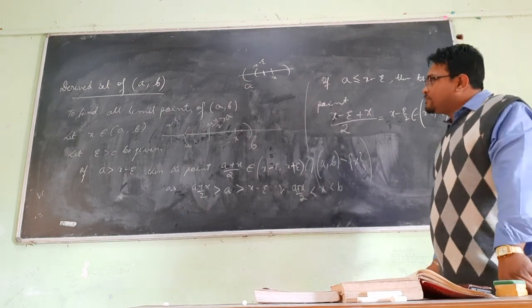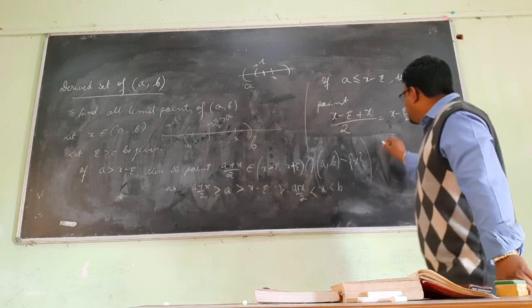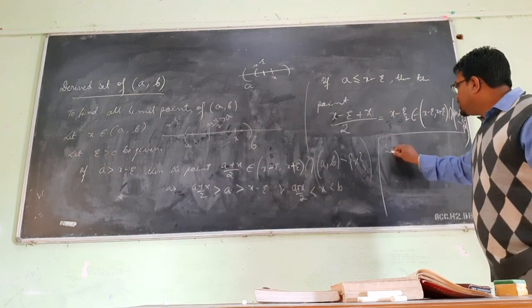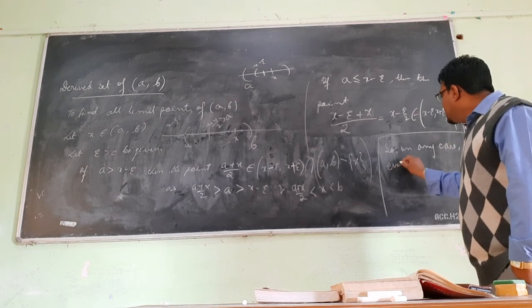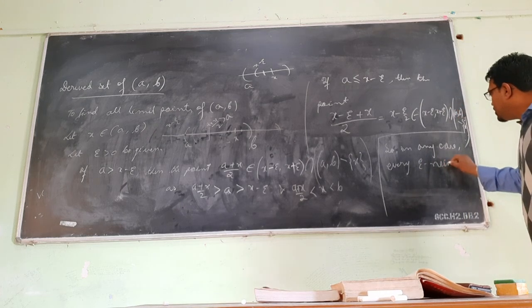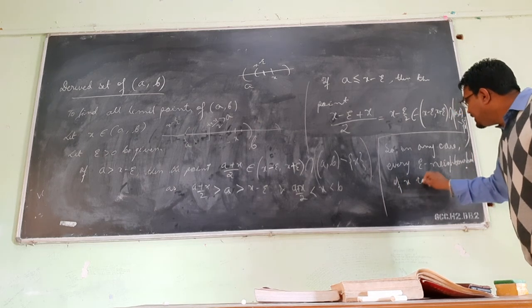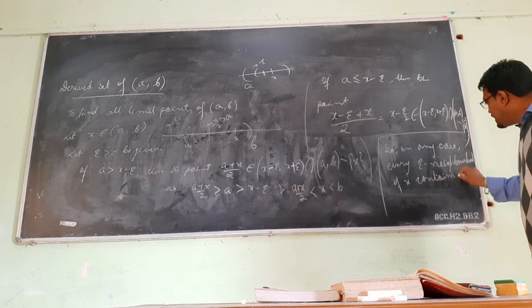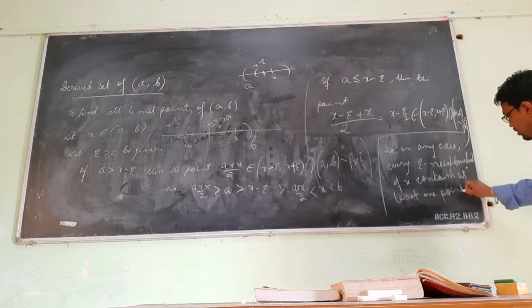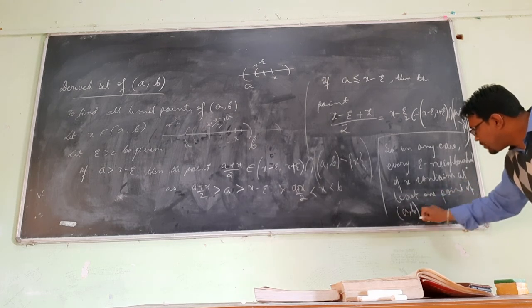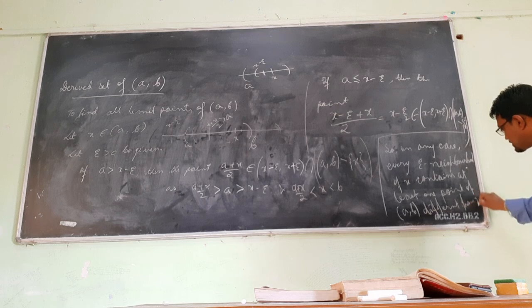So in all cases, any epsilon neighborhood of x contains at least one point of AB different from x.